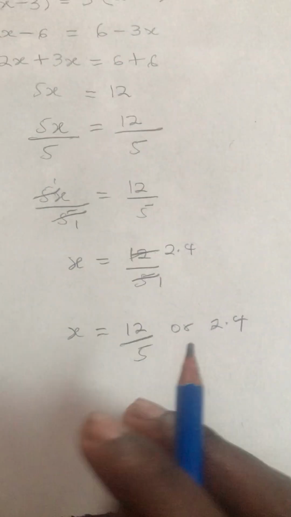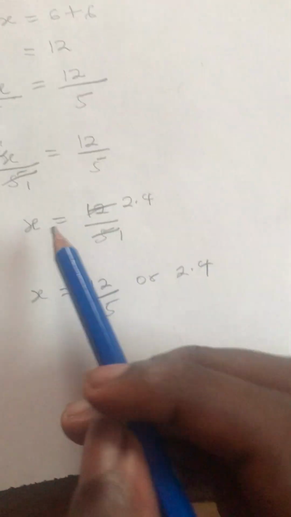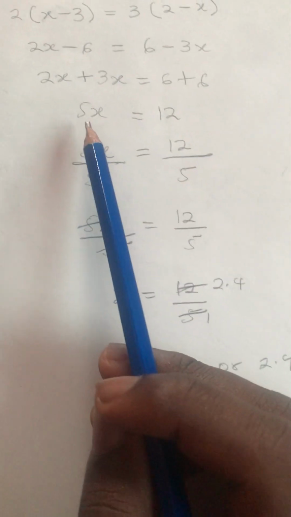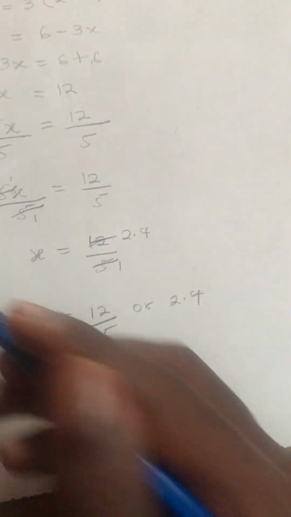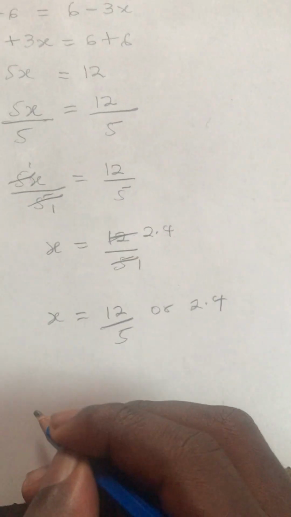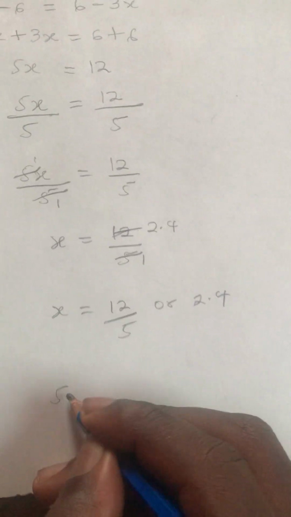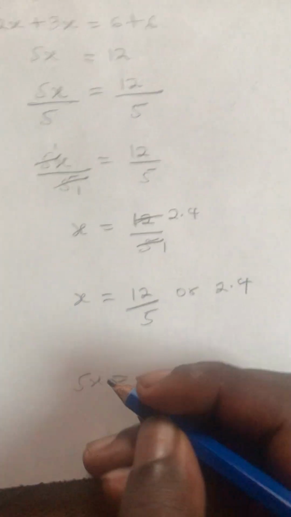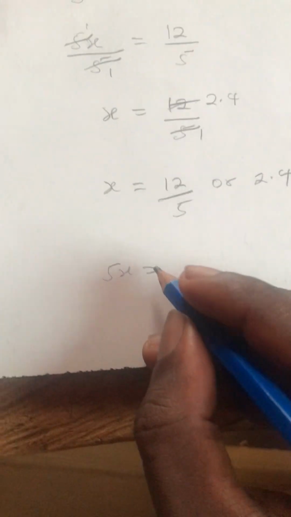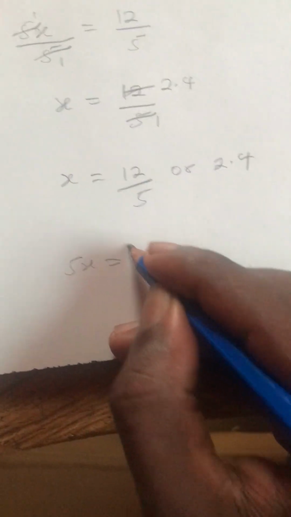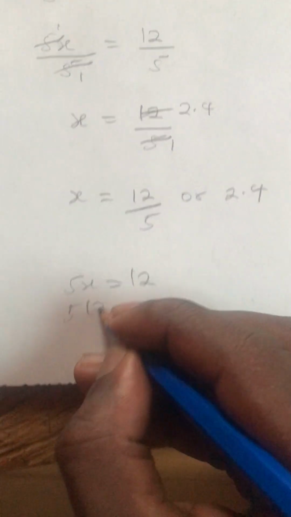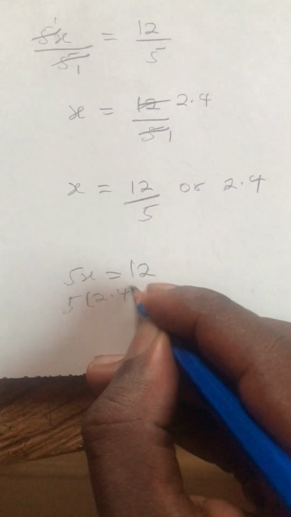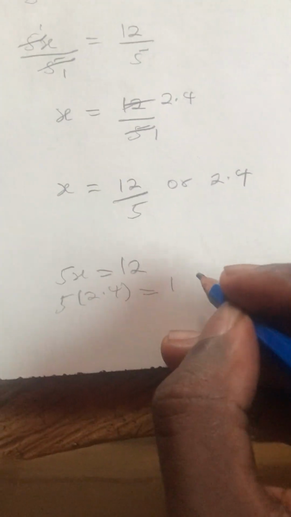So let's prove whether we are right. Here, in our equation, we said 5 multiplying by whatever x would be will give us 12. So let's check. 5 multiplying x will give us 12. So 5 multiplying 2.4 is 12.